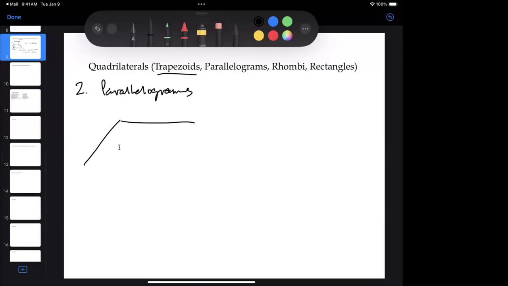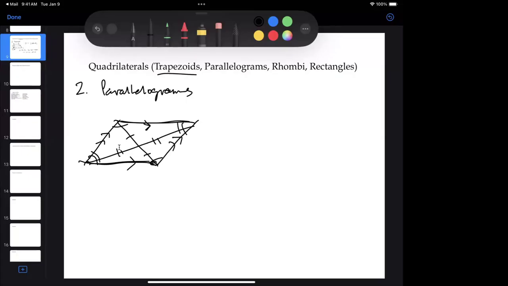Parallelograms are trapezoids with more criteria, because both pairs of opposite sides have to be parallel. So then you get equal opposite angles. And another thing for parallelograms is that the diagonals bisect each other.